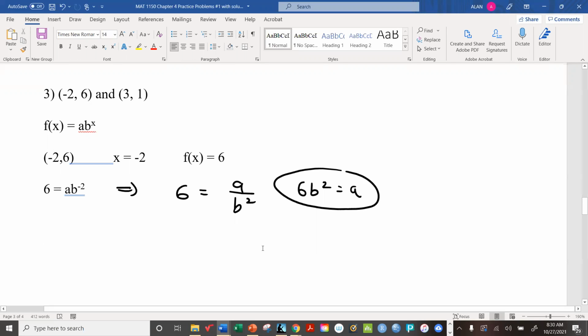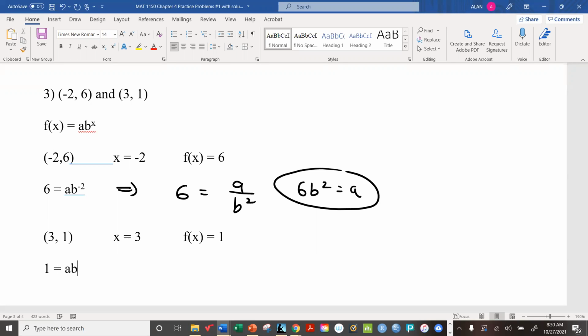Now here we have (3, 1), which means that of course x equals 3, f of x is 1. And therefore, that means that 1 equals ab to the 3rd power.